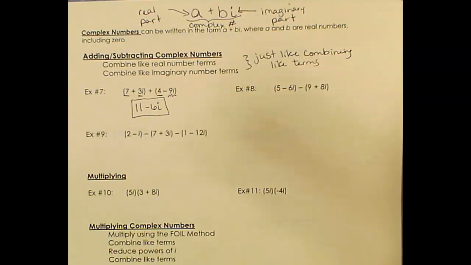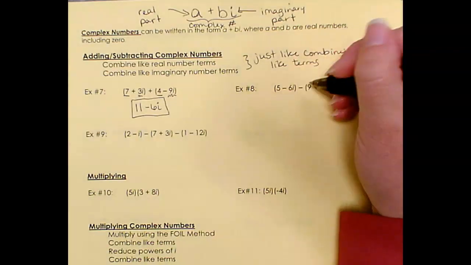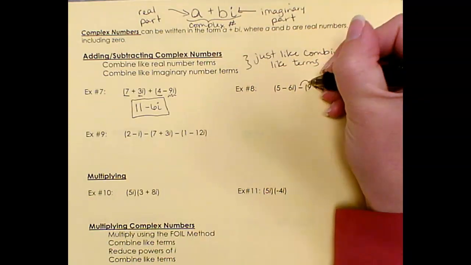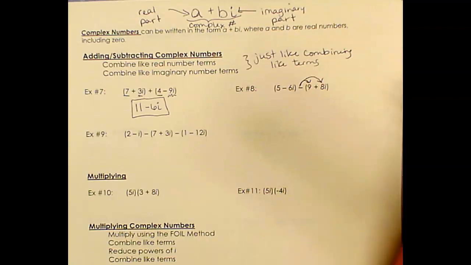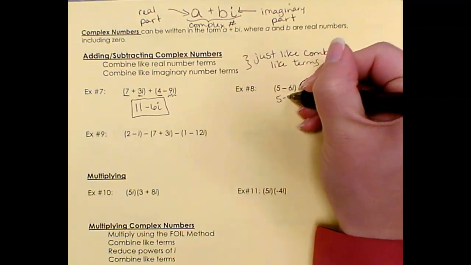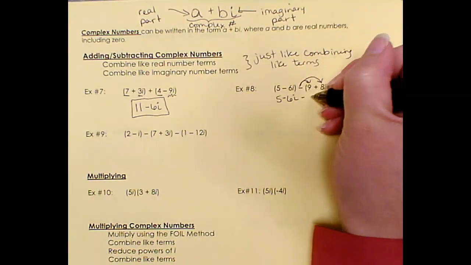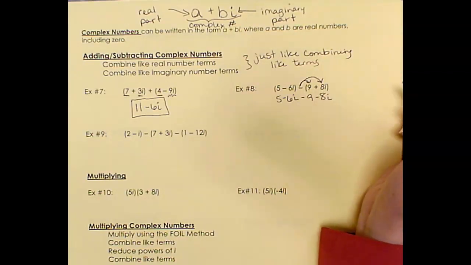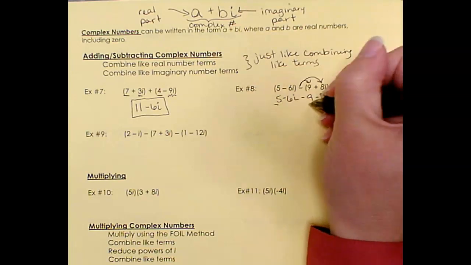Remember that if you are taking a complex number and you're subtracting another complex number, you need to take that subtraction symbol and give it to both pieces of the complex number. So you should have 5 minus 6i minus 9 minus 8i. I'm going to give you a moment to combine your like terms.